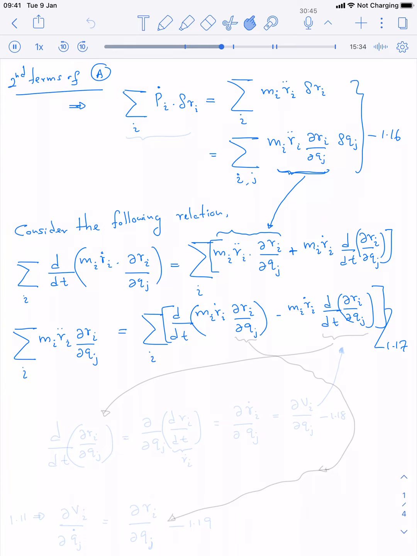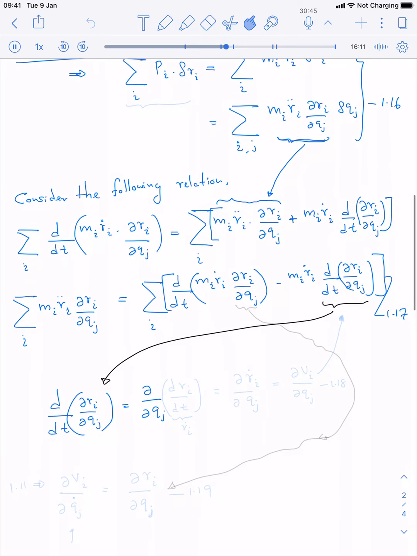Now take this term right here, which is d over dt of dabba Ri over dabba Qj, and let me interchange the dt and dabba Qj and see what we get. That is dabba over dabba Qj.